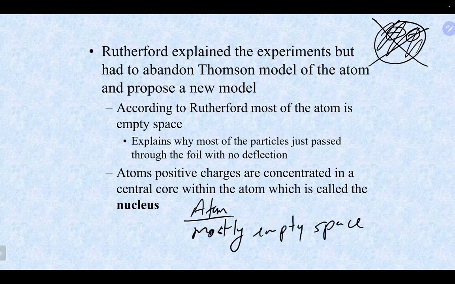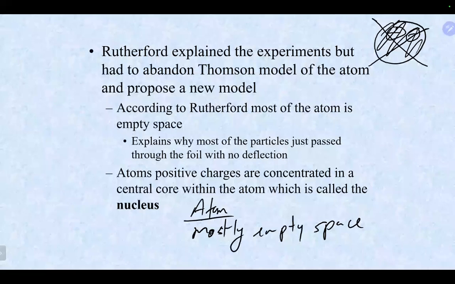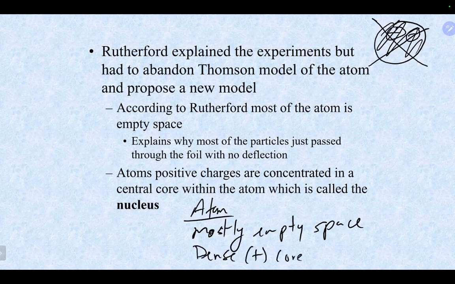And again, that makes sense based on the particles being able to fly through undeflected. They really didn't come in contact with anything. They came through that empty space. The atom has a very dense positive core, which they called a nucleus. And as we will later find out and can imagine, that is where we have our protons housed, which are positively charged, which makes sense based on the really large deflection that we see.